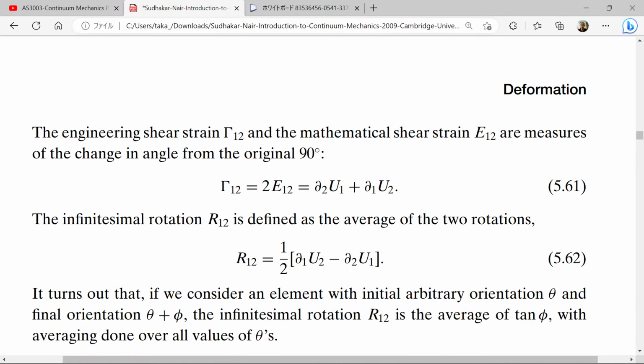So then the engineering shear strain gamma 1, 2 and the mathematical shear strain. It is interesting, the mathematical shear strain and the engineering shear strain are a little bit different. They measure the change in angle from the original 90 degrees.